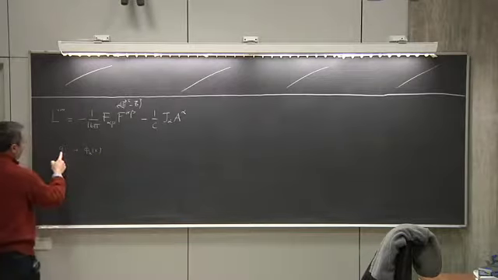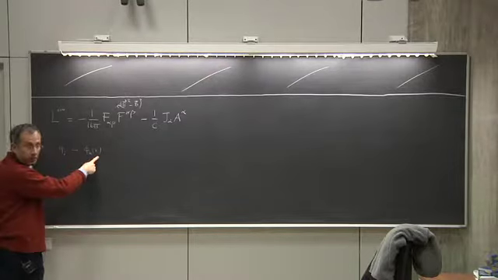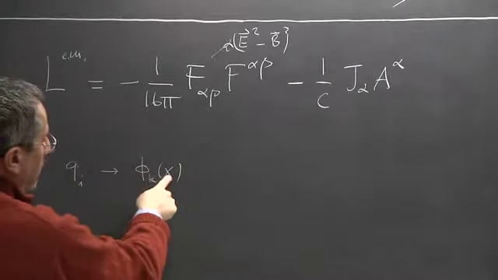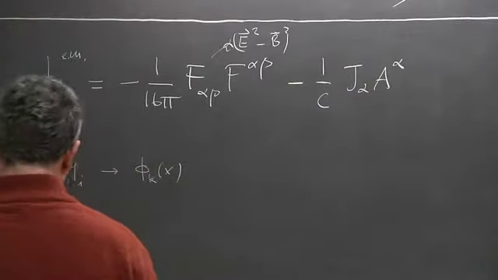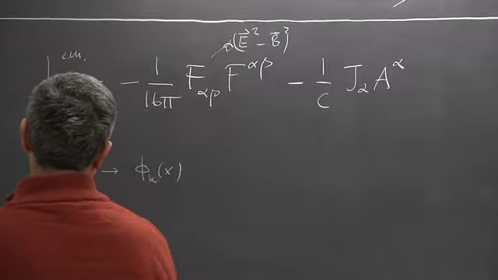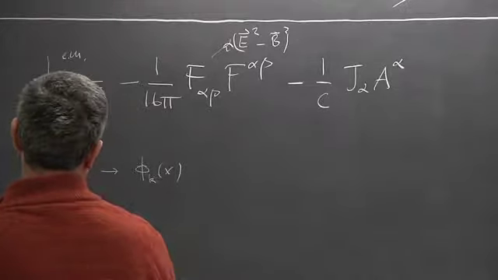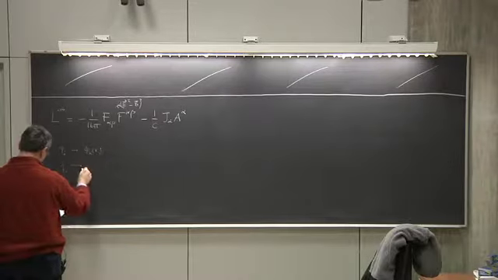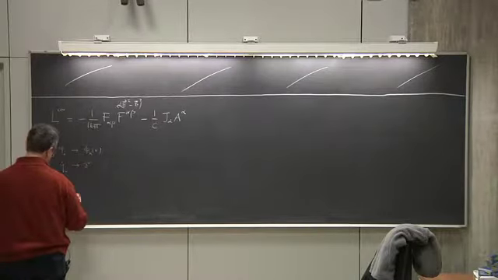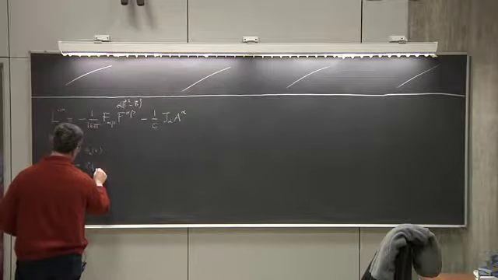The point is that it's not a coordinate, it's a field now. So it's a variable with different values at different points in space and time, in fact. And where we had the generalized velocities, these are replaced with the derivatives of these fields.